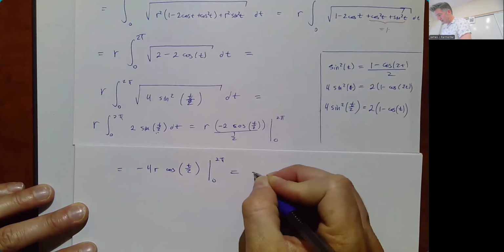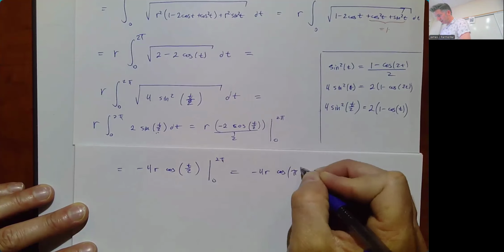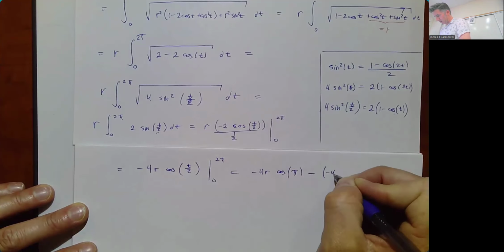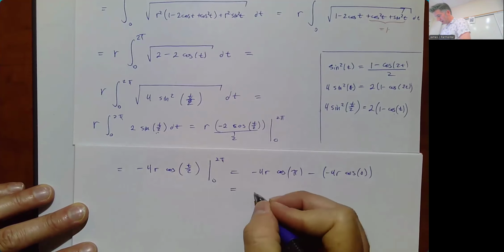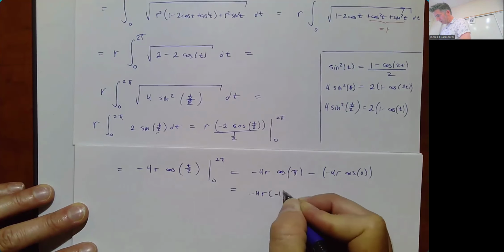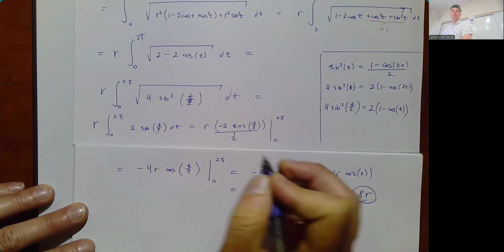We plug in, we get negative 4r cosine of 2 pi over 2 minus negative 4r times cosine of 0. That ends up being negative 4r times negative 1 plus 4r times cosine of 0, which is positive 1. So you end up getting 8r.